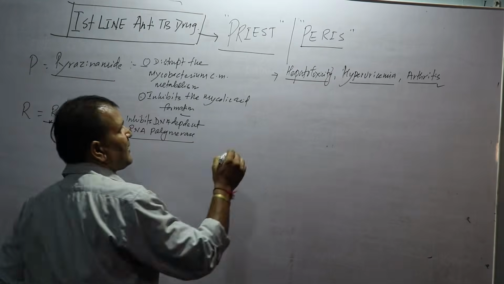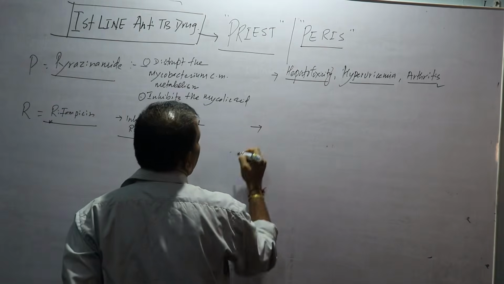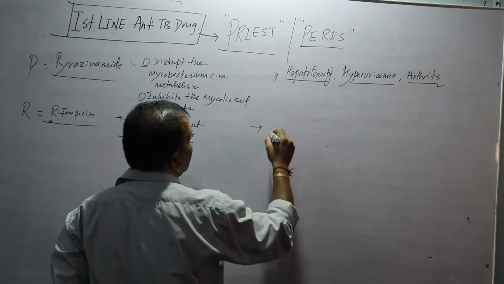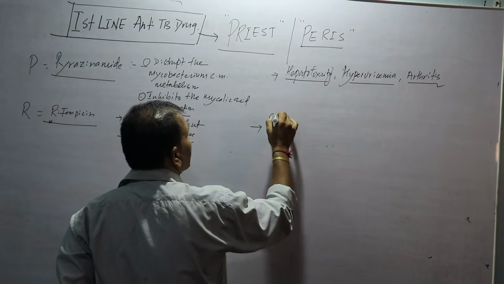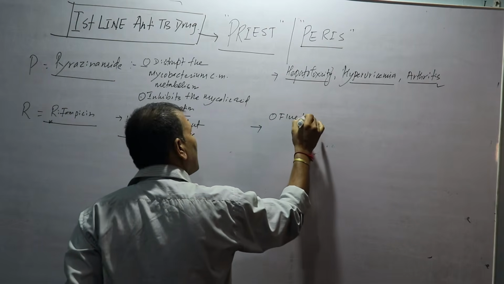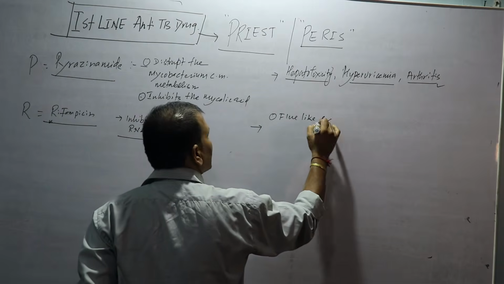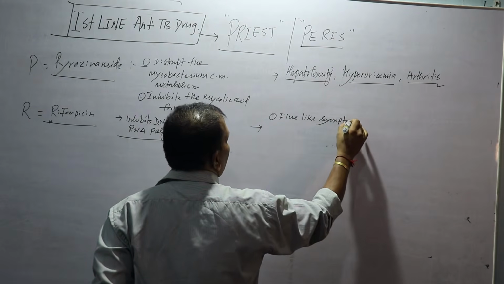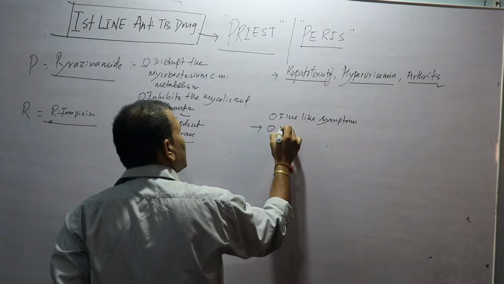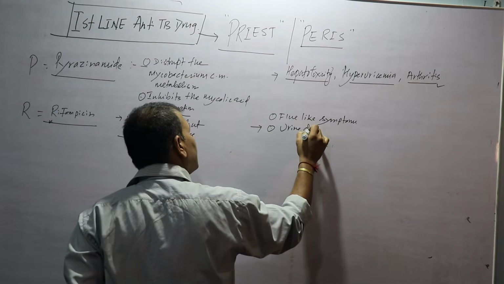So what are the common side effects of rifampicin? A person taking rifampicin has common side effects: flu-like symptoms, and second, urine discoloration.